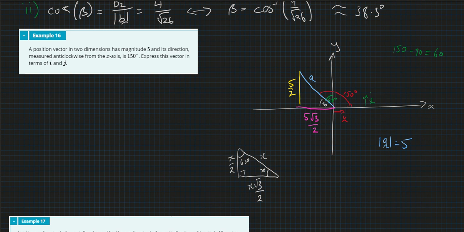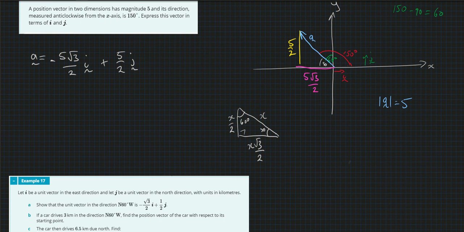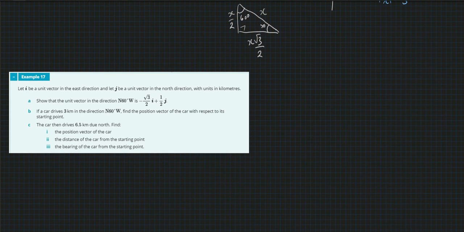So that means that this vector here, this two-dimensional vector, which I've called A, will be equal to 5 times root 3 on 2 times I, sorry, minus 5, okay, because we're in the minus direction, plus 5 on 2 in the J direction. And that's what this point is here. That's what this vector is here, A. I might put a little arrow there to make sure it's clear that it's a vector. All right, and yes, this is the last one.